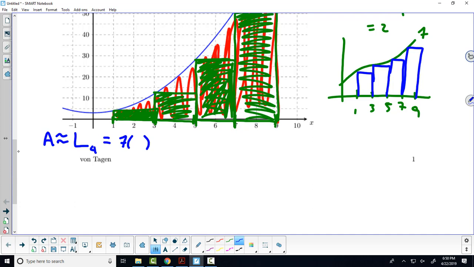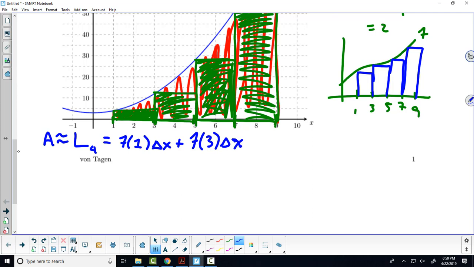But because I'm using the left endpoint method, what value am I going to plug into the function here to get the height of this first rectangle? 1. So I'm going to take f of 1 times delta x, plus f of 3 delta x.